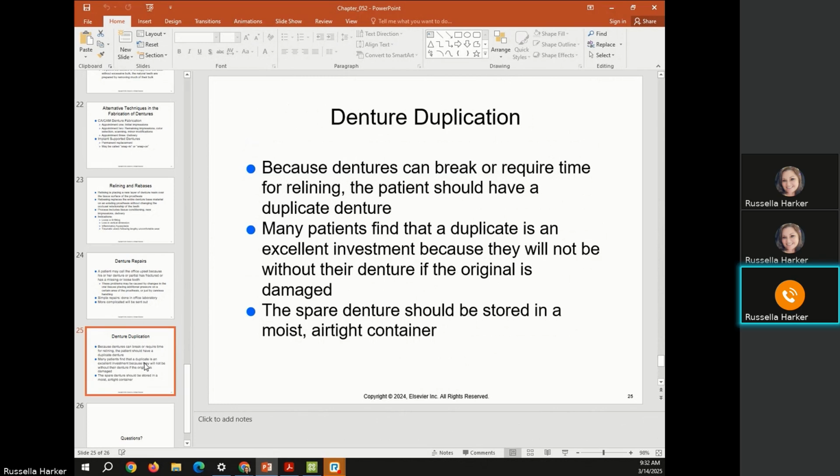A custom tray is constructed from the diagnostic cast from the first appointment. And then after that, because accuracy is essential, an elastomeric impression material is selected for the final impression for creation of the base plates and the occlusal rims.